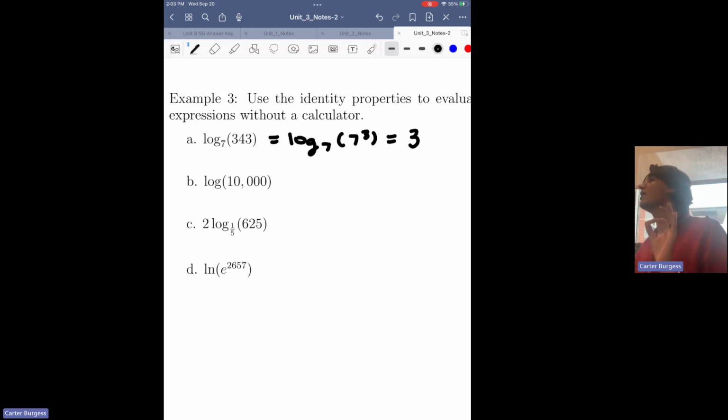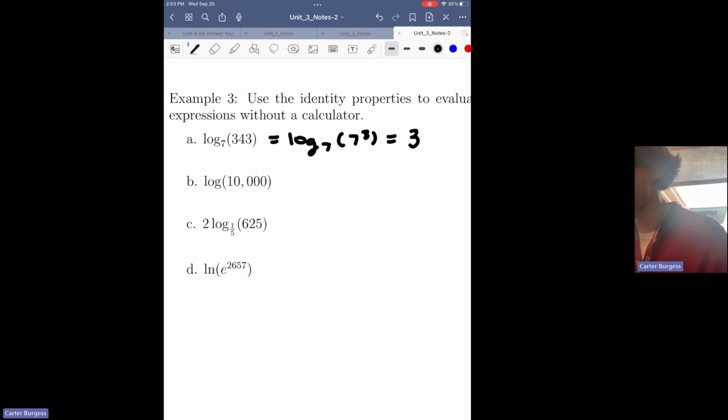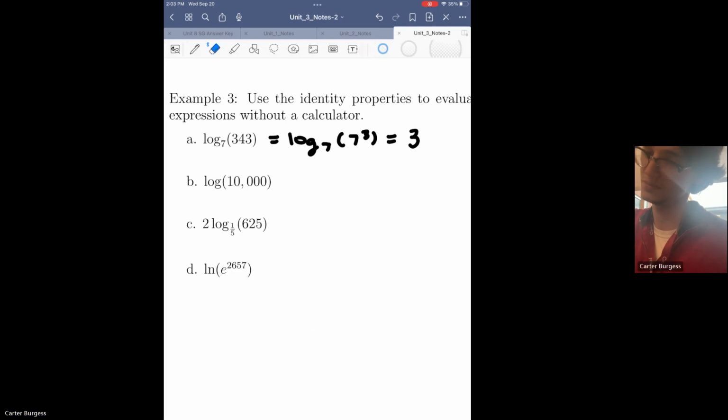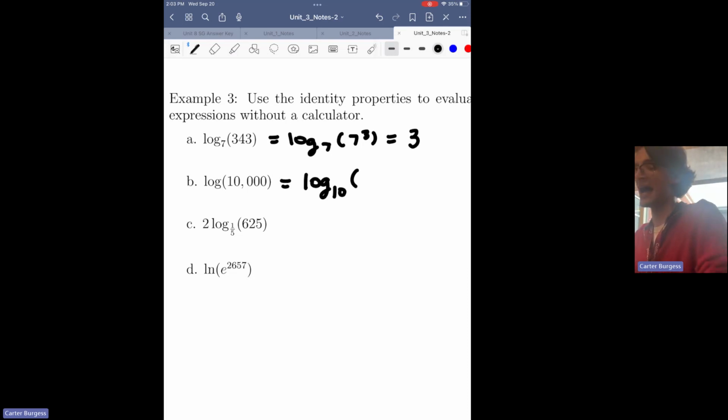All right, looking at log of 10,000, what is the implied base when we don't see a base? 10. So this is really like log base 10 of, and then how could I write 10,000 as a power of 10? 10 to the 4th.